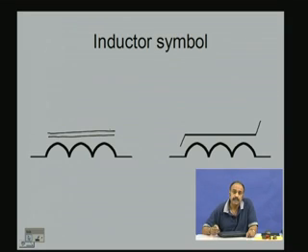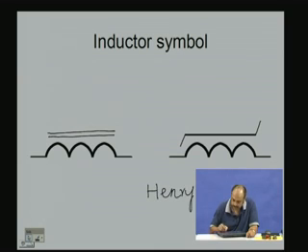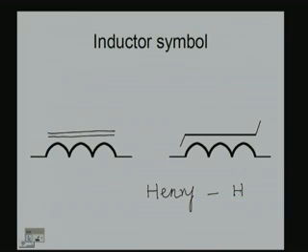The inductor has a unit called Henry, denoted by the letter symbol H. And like in the case of the capacitor, it can be microhenry, which represents 10 to the power of minus 6 Henry, millihenry, which represents 10 to the power of minus 3 Henry, or just henries.